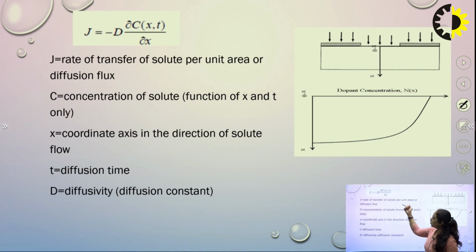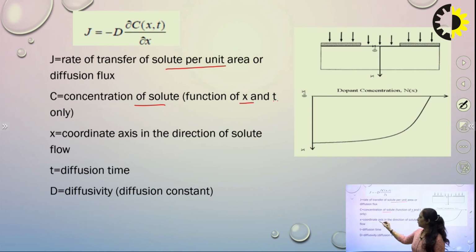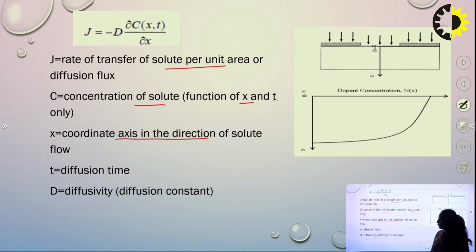So we have seen this equation, J is equal to minus D del C, that is the concentration, divided by distance. J is the rate of transfer of solute per unit area, or diffusion flux. C is the concentration of solute, which is a function of x and t only. x is the coordinate, in the direction of solute flow.